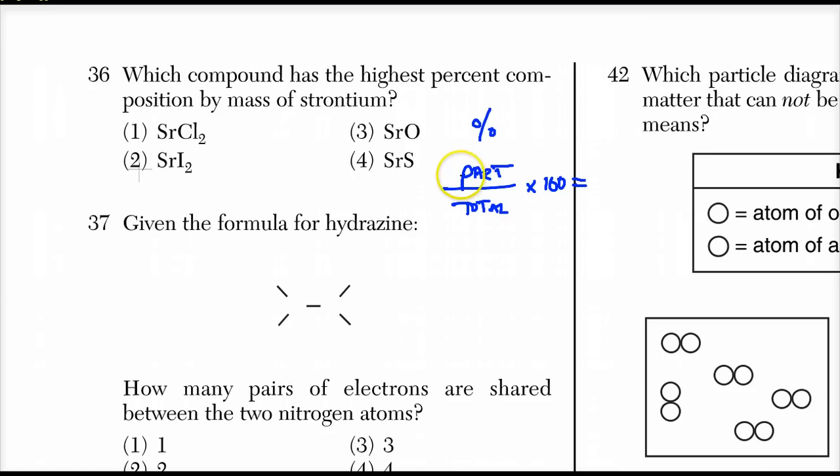So we're trying to figure out who is going to have the greatest percentage by mass of strontium. Now you could probably look at this and try to finagle it in terms of how light the other compounds are. But probably the safest bet here is to go through this question and do a percent by mass of all of them so you don't get confused. So let's white this out here, give us some room.